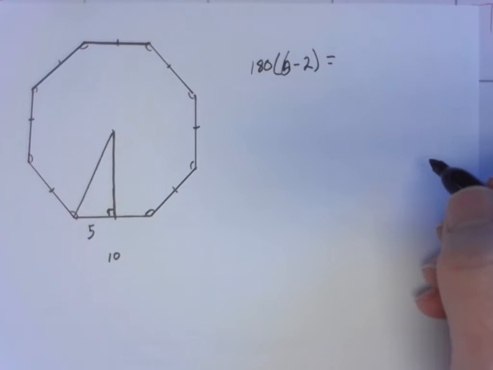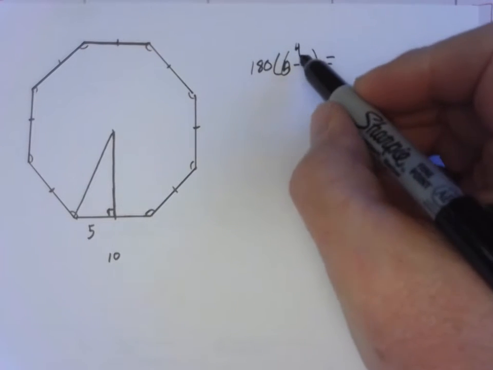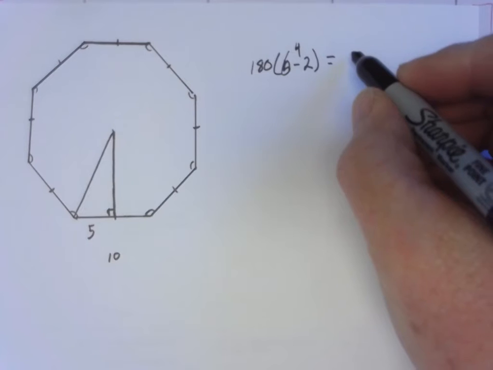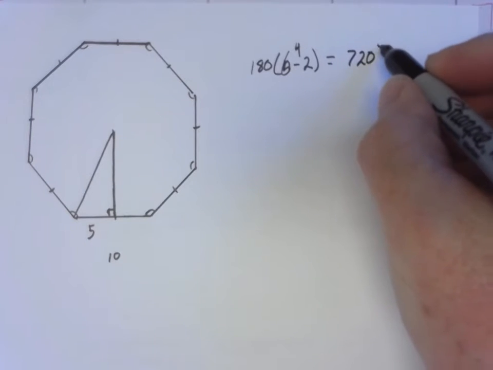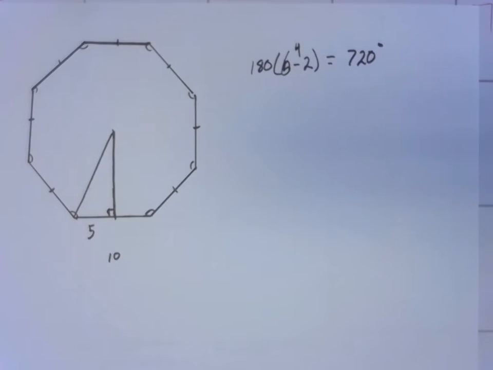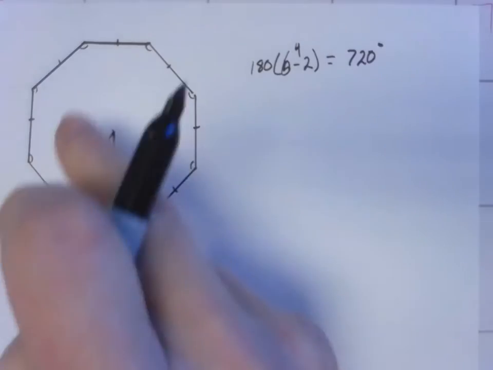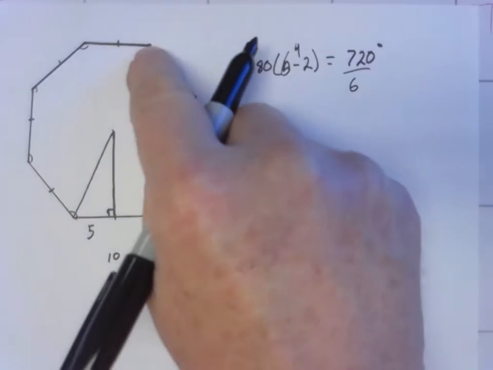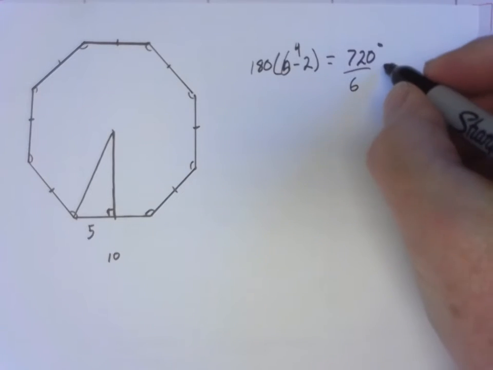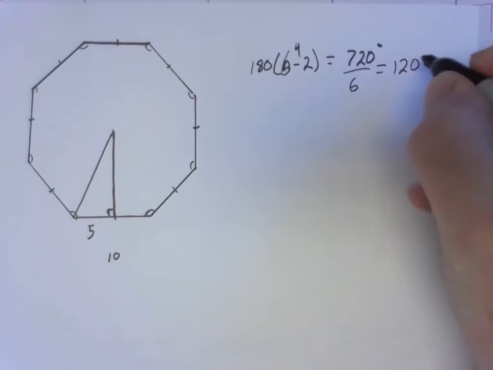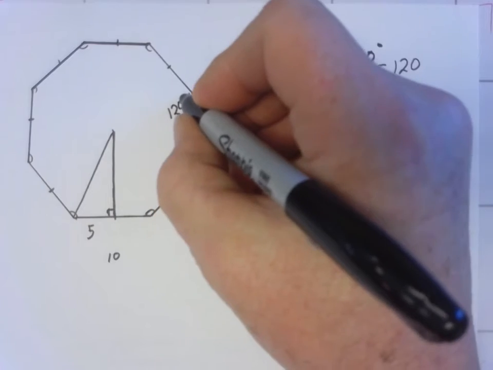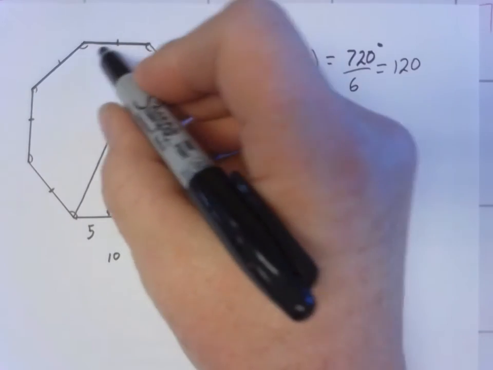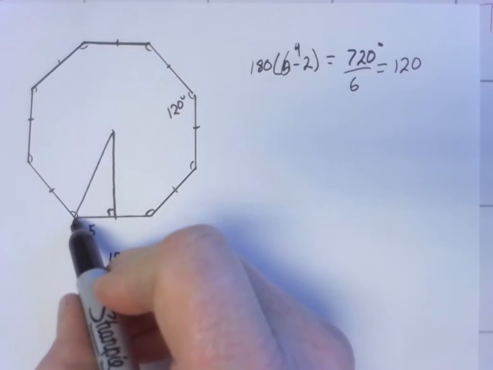Subtract 2 is 4, and then 4 times 180 is 720 degrees. So that's the sum of all of our angles. And if we divide that up, now remember it's equiangular, isn't it? So if we divide by 6, that gives us 120 degrees for each of our interior angles, including this one.